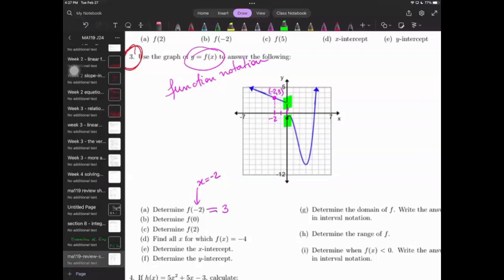The closed circle, yes, is a point in the graph and is part of the graph. So f of 0 is the point on the bottom, the closed circle, not the one on the top because it's an open circle. That point is 0, negative 1. So the y value for when x equals 0 is negative 1. My answer for part B is f of 0 is negative 1.